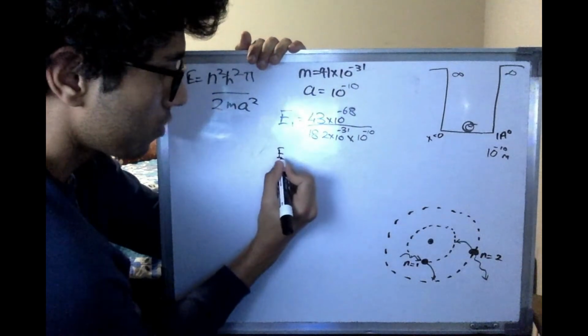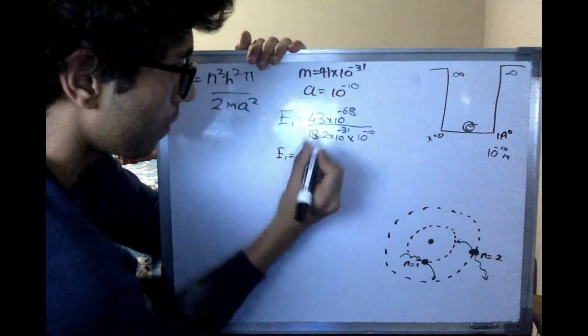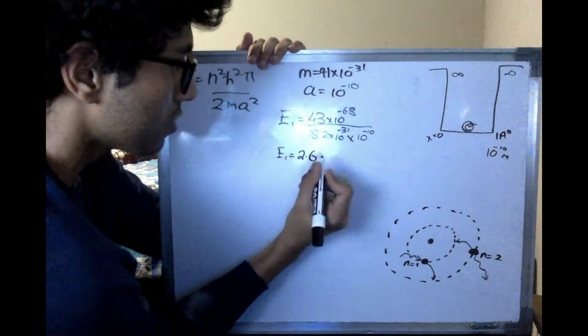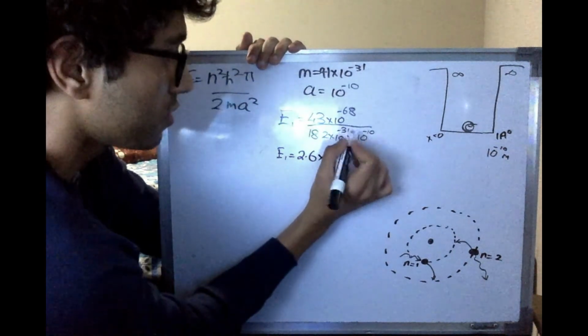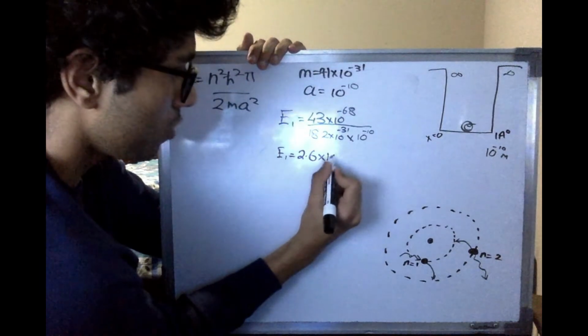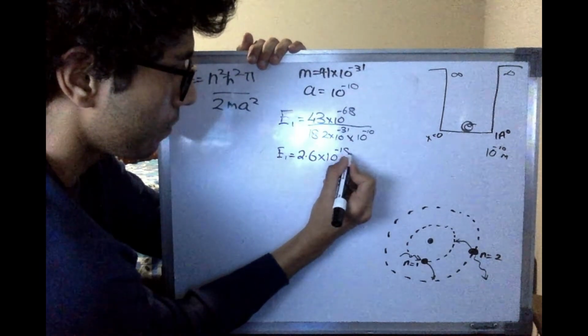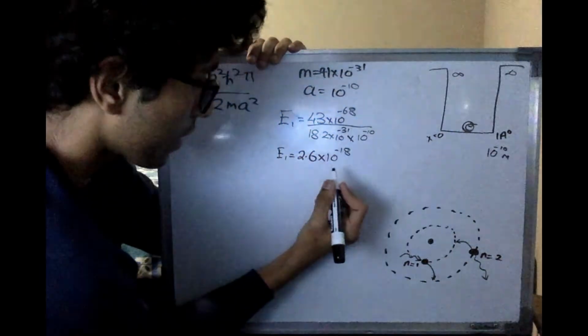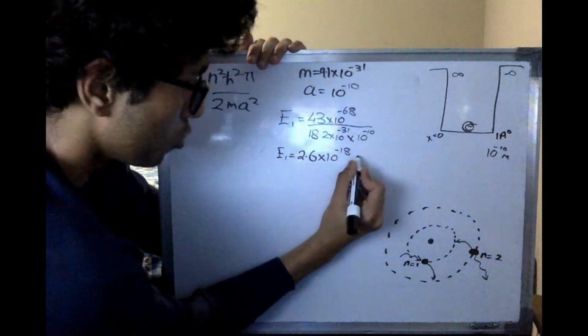If I solve this more, then my E1 will become 2.6 times 10 to the power 68, and then this becomes 41. So this becomes 10 to the power negative 18. And again, this is my energy in joules.